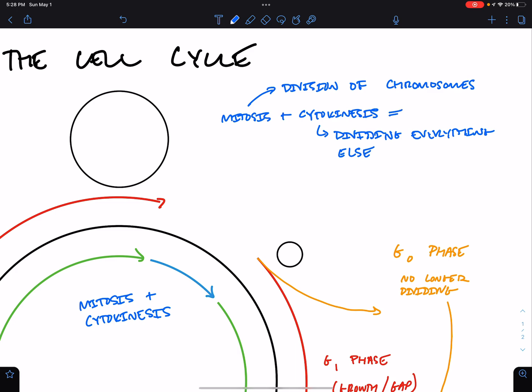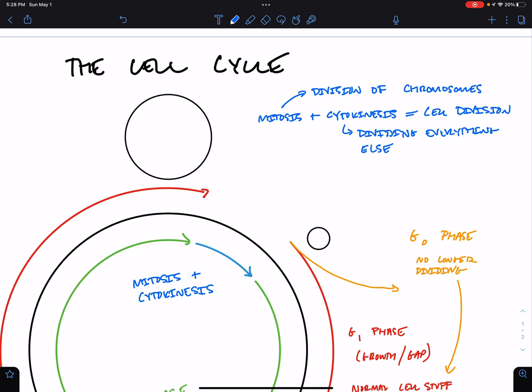And those 2 things compose cell division. So yeah, the chromosomes that were duplicated during S phase each get sent to opposite sides of the cell. And so at the end of cell division, you have 2 cells that are exact copies of one another. The chromosomes have been divided up, and then the cytokinesis splits all the things that are in the cytoplasm.